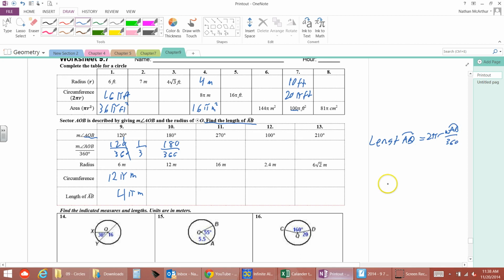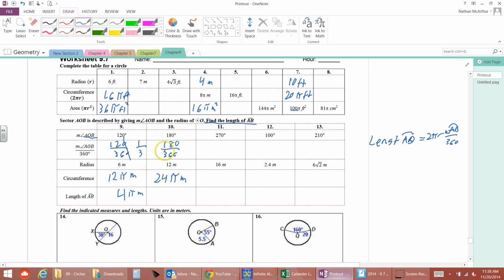That's the equation we're really using here. So that's why we're breaking it apart into parts. Here, this 180 over 360 represents this piece right here of the equation. The circumference, the 2 pi r, is represented by this part. So obviously my circumference, if it's 2 pi r, is going to be 24 pi meters.